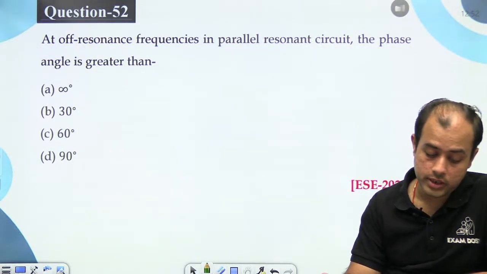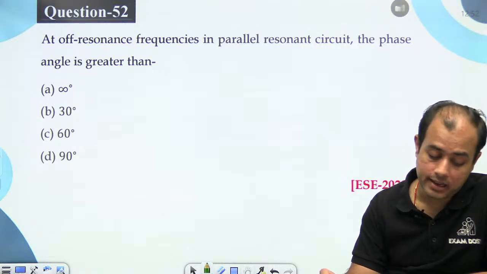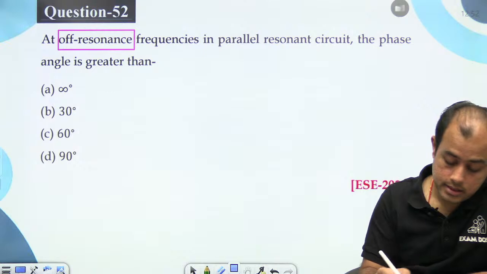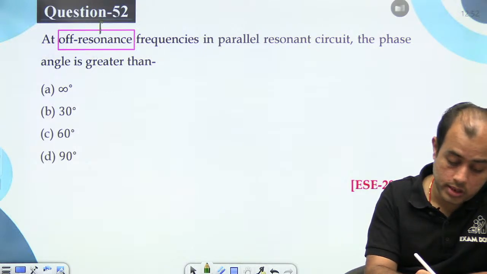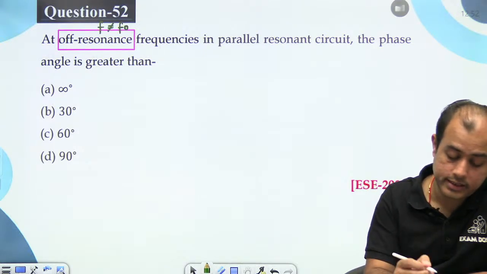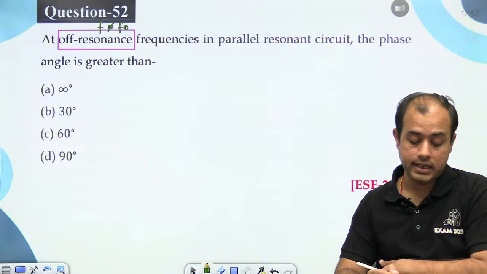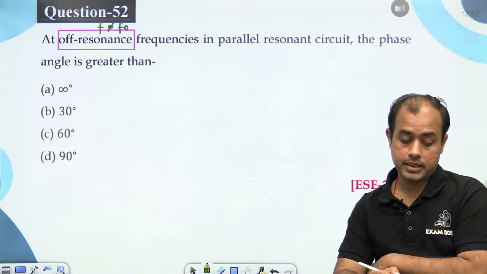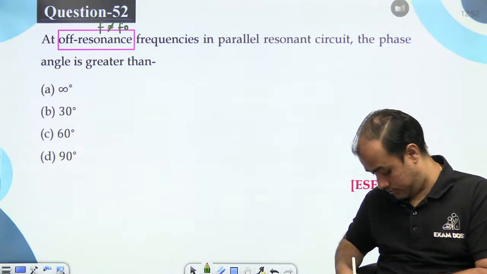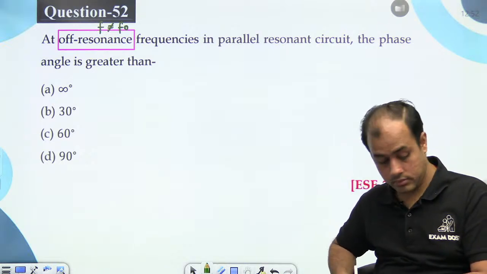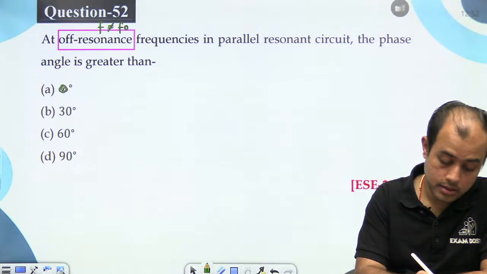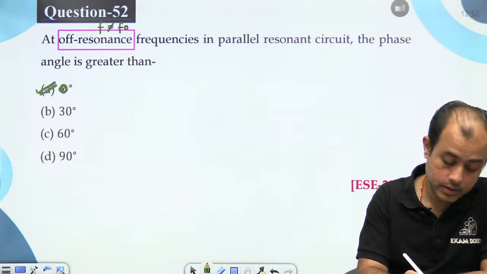At off resonant frequency in a parallel resonant circuit. Off resonance means F is not equal to F0. It is not at resonance. The phase angle is greater than... I think this should be 0.